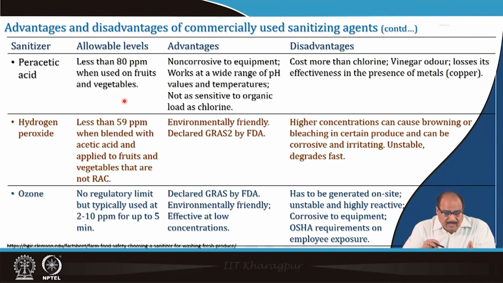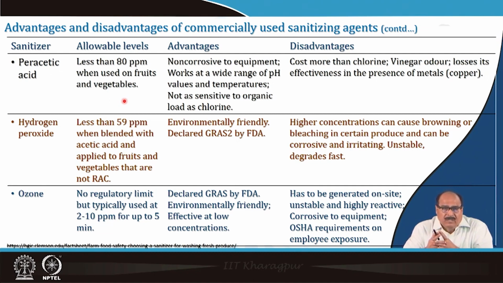Hydrogen peroxide: its allowable level is less than 59 ppm when blended with acetic acid and applied to fruits and vegetables that are not RAC. It is environmentally friendly, declared as GRAS by FDA. Higher concentrations can cause browning or bleaching in certain products and can be corrosive and irritative. It is unstable, it degrades fast.